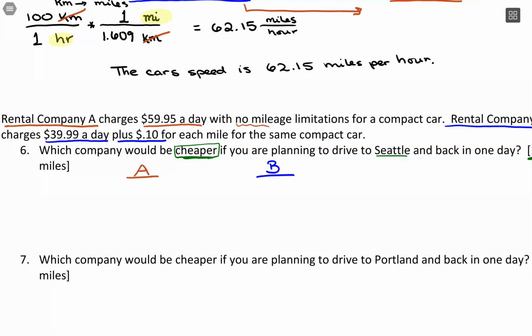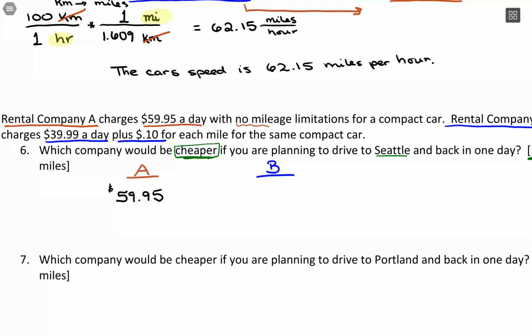So if we're driving to Seattle, it doesn't even matter how far we're going with company A. If I'm taking that car out for just one day, I'm going to be paying $59.95. So there's nothing to really calculate there. It's just that daily charge. If we were renting it for more days, then we'd have to start multiplying. But for a single day, it's just $59.95.